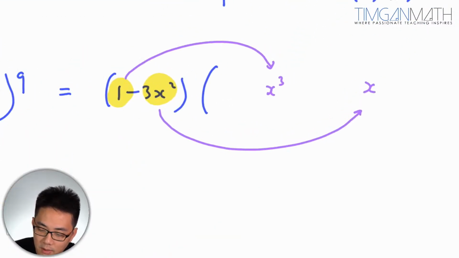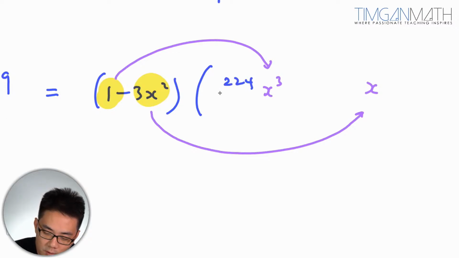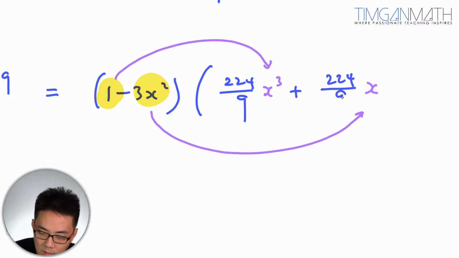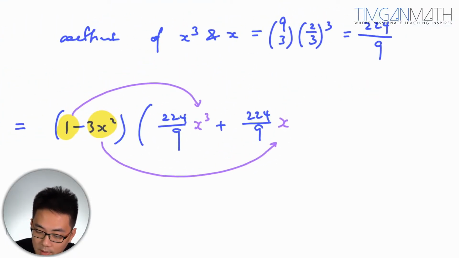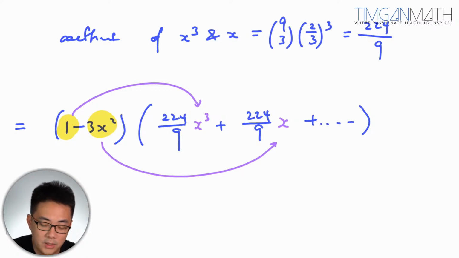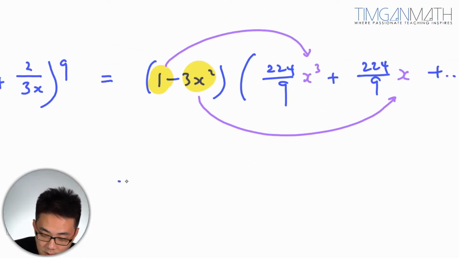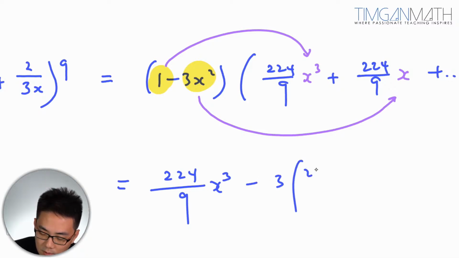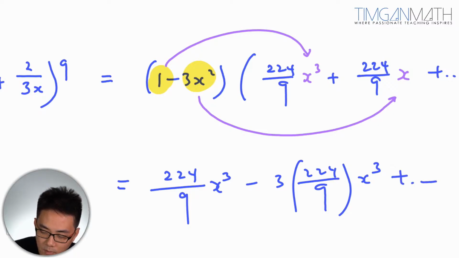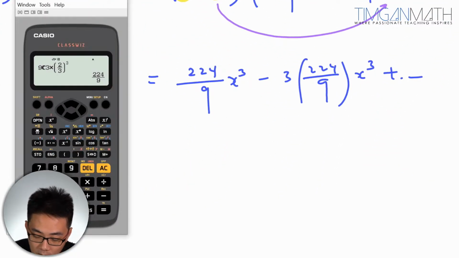So what we could do is put 224 over 9 for x cubed and 224 over 9 for x. Then, of course, you just put a plus, because the rest is redundant. We just need this: 224 over 9 x cubed minus 3 times 224 over 9 x cubed. Add them up.